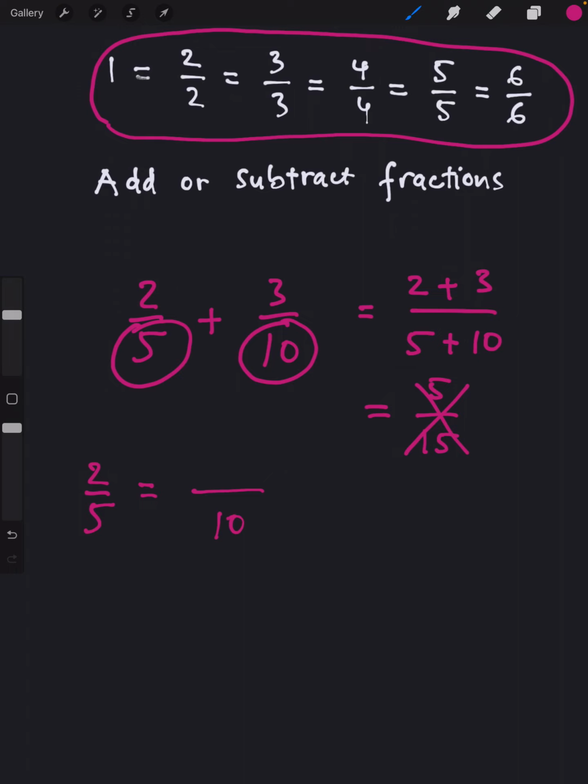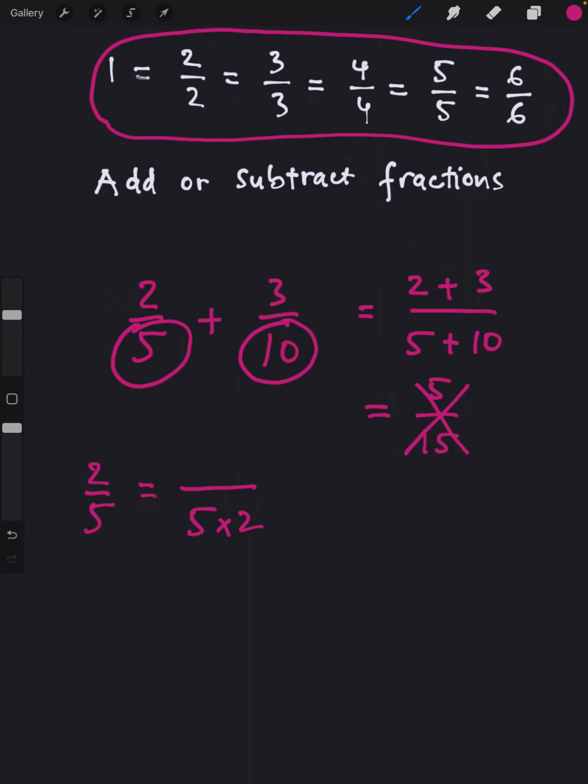And the number 5 on the bottom, if you want to convert it to 10, means you multiply 5 by 2, then we have 10, which is good because it will be the same as the fraction 3 over 10.